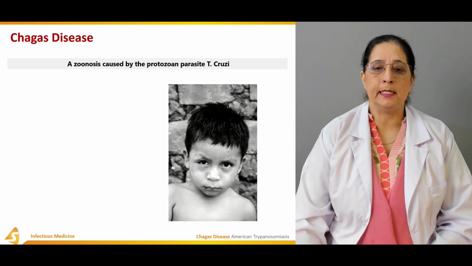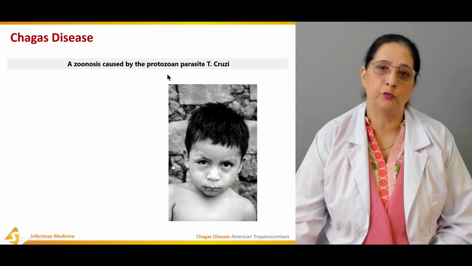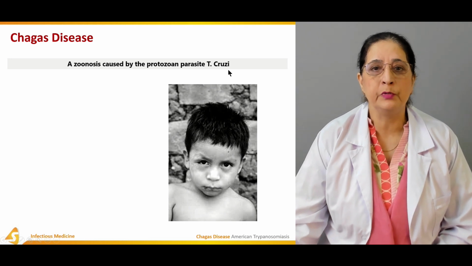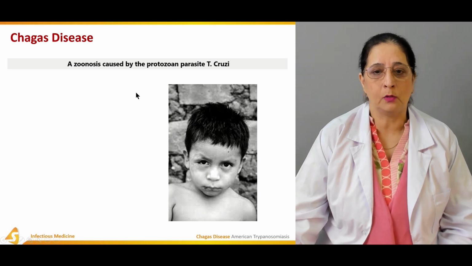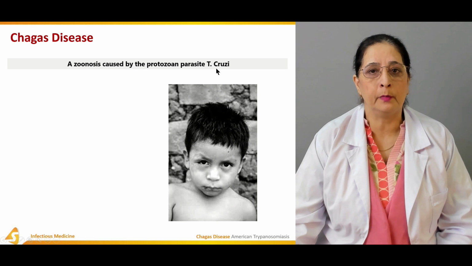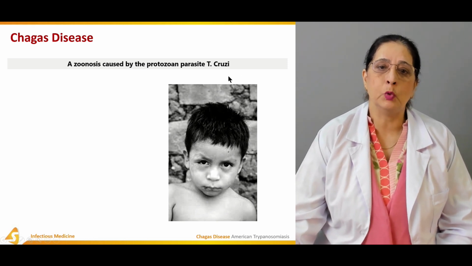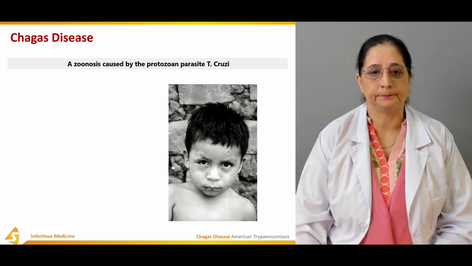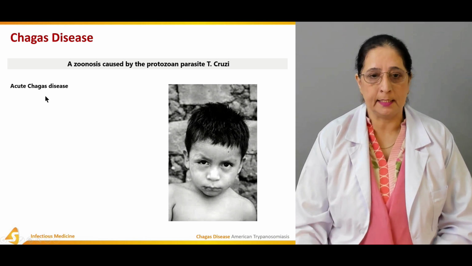Chagas disease is a zoonosis caused by the protozoan parasite Trypanosoma cruzi. So it is a zoonotic disease caused by the protozoan parasite Trypanosoma cruzi, an American Trypanosoma, which causes Chagas disease. We have acute Chagas disease.